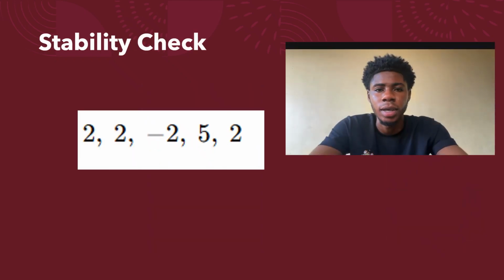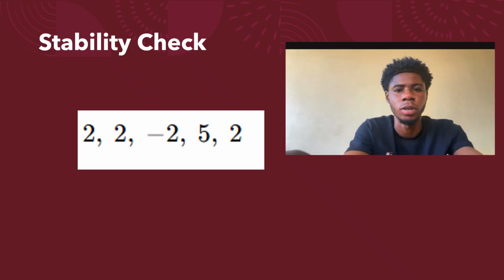I'll be presenting on the stability check. To determine the stability of a system, we focus on the first column of the Routh table. The values in the first column are 2, 2, negative 2, 5, and then 2. Now, to check for stability, we observe the sign changes between consecutive values.